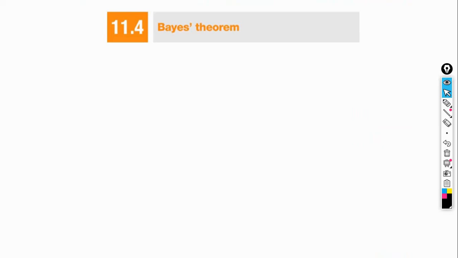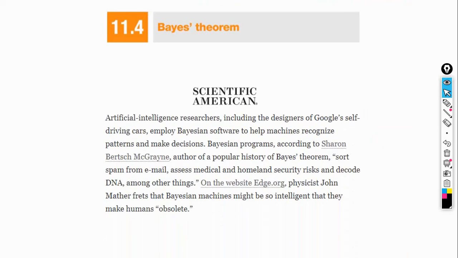But before we go into Bayes' theorem, I want to read you guys a quote from Scientific American, and it has to do with the applications of Bayes' theorem. It says, artificial intelligence researchers, including the designers of Google's self-driving cars, employ Bayesian software to help machines recognize patterns and make decisions.